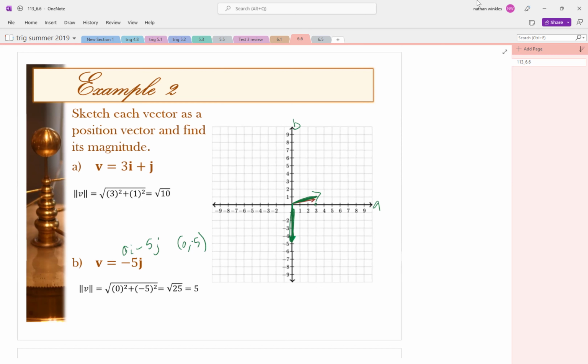The magnitude of V is the square root of 0 squared plus negative 5 squared, which is square root of 25, which is just 5. So we can tell by looking at these two examples here that the magnitude of negative 5j is longer than the magnitude of 3i plus j.